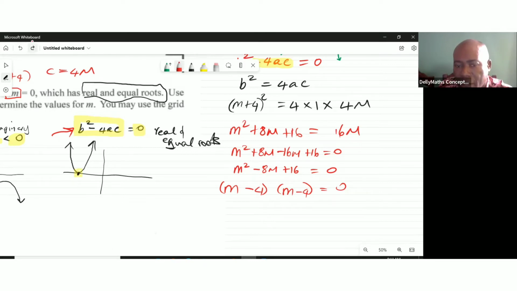So either m minus 4 is equal to 0, or again m minus 4 is equal to 0. And m is just one number. So we see that m is equal to 4, and we would have solved the situation right there.